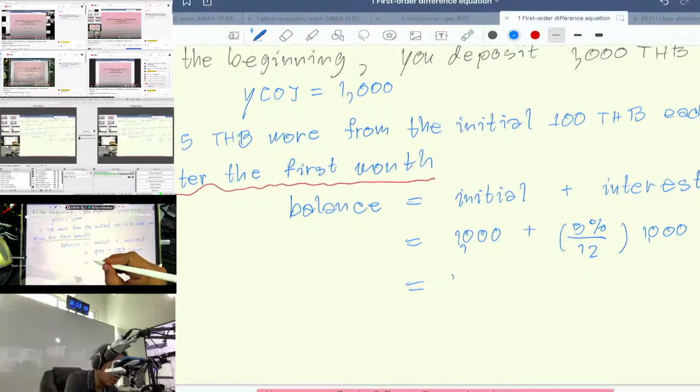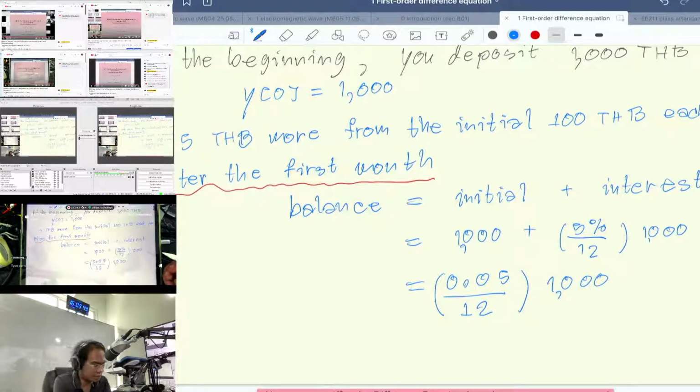It's 0.05, right? 5% is 5 by 100. 0.05 divided by 12 because in each year we have 12 months.